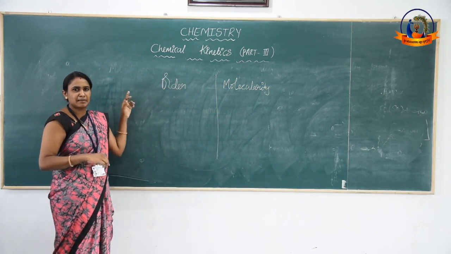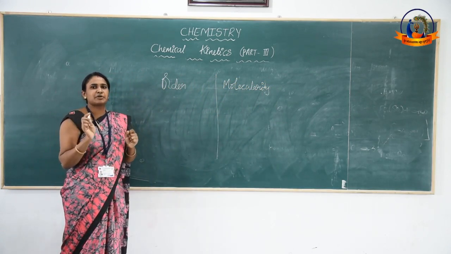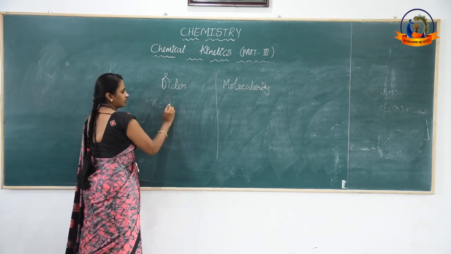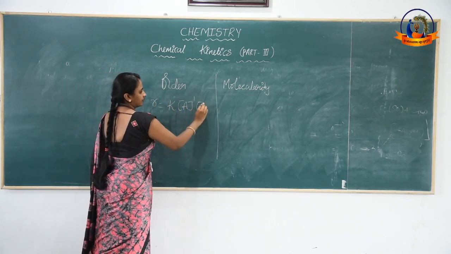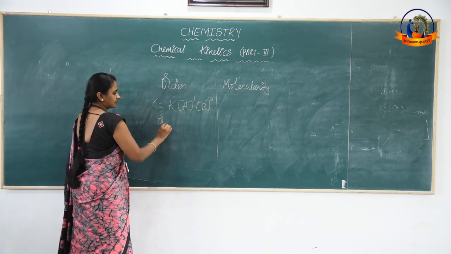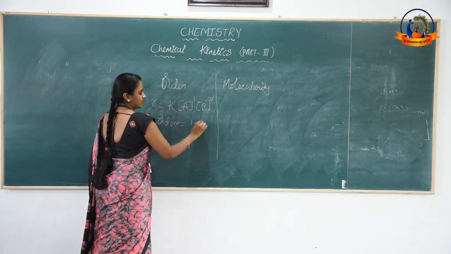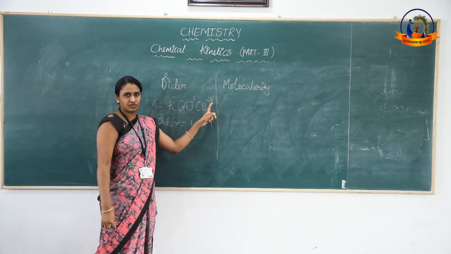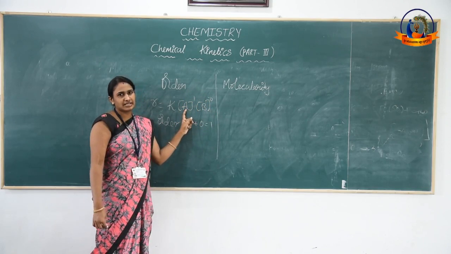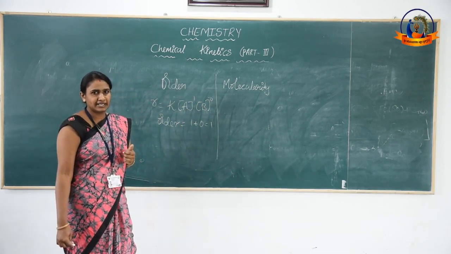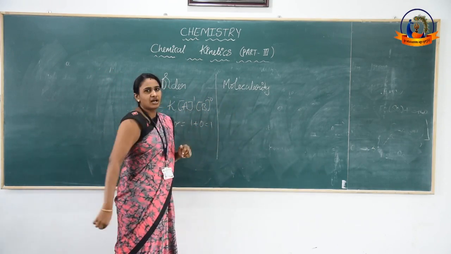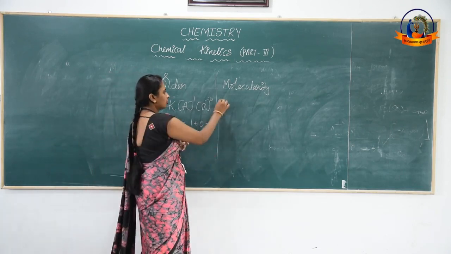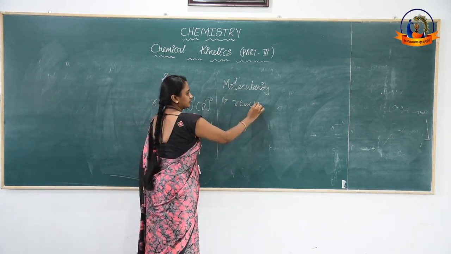Order means the sum of the powers of the concentration terms of the reactants in the experimentally determined rate equation. For example, in this equation, order means 1 plus 0, which is equal to 1. Molecularity means the number of reacting species involved in the elementary reaction, the total number of reacting species.